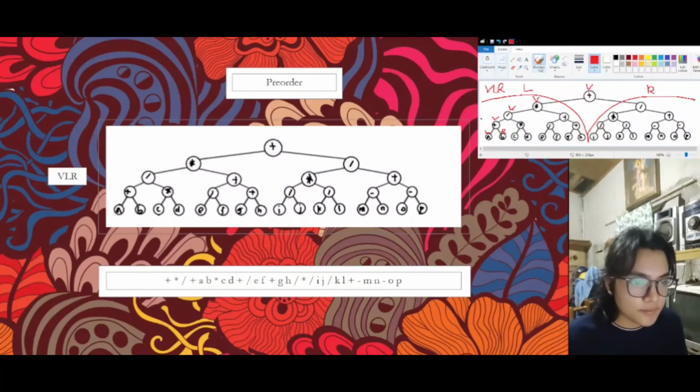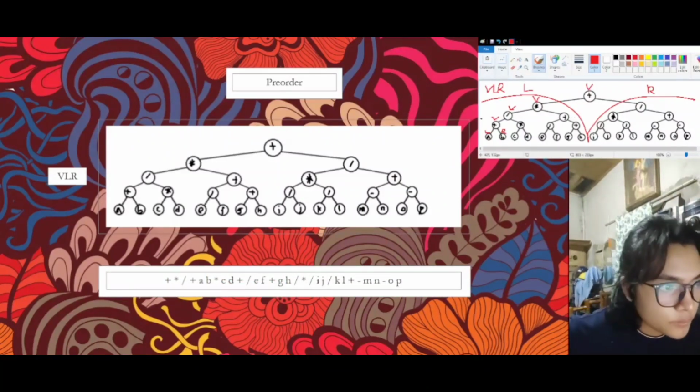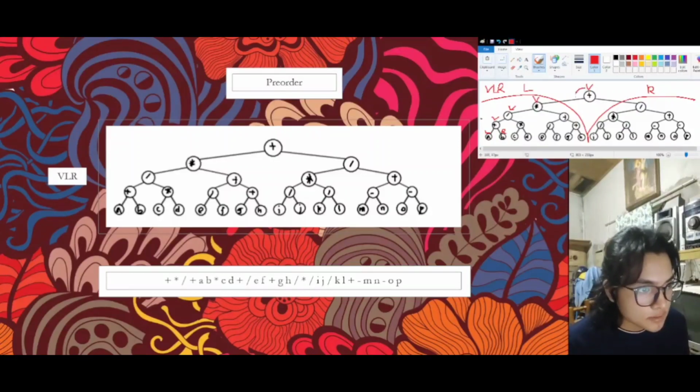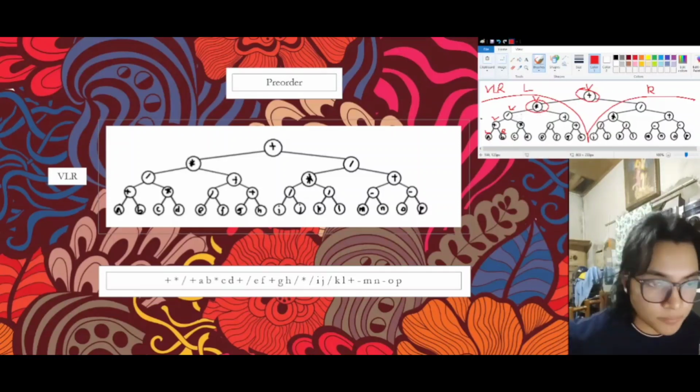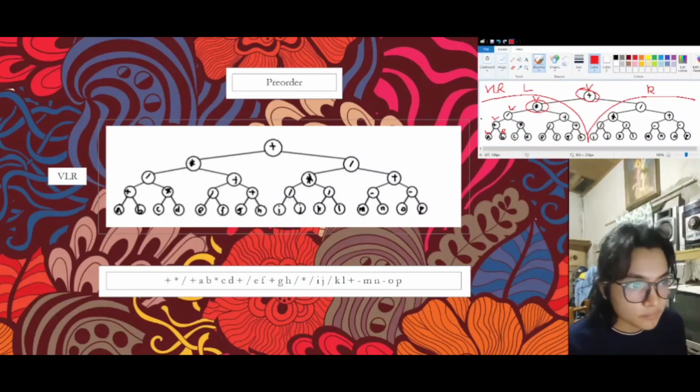So to explain, we started with plus, and then we proceed to the multiplication sign as the left, and then we're going to traverse again to the left until we reach the leftmost part of the subtree.